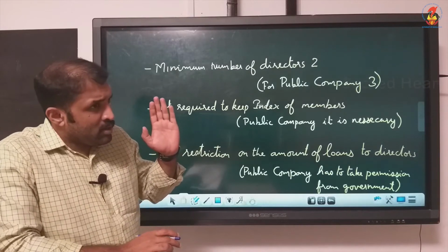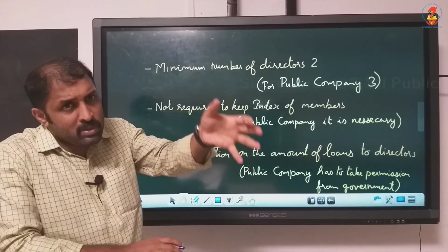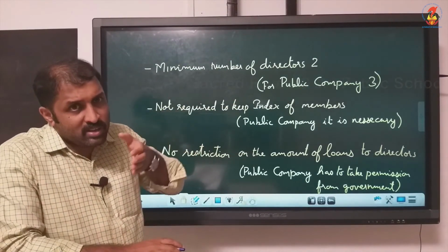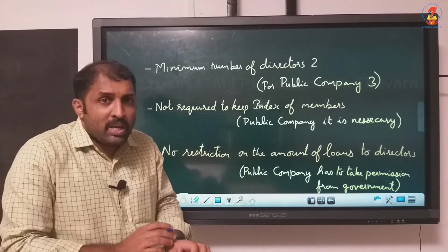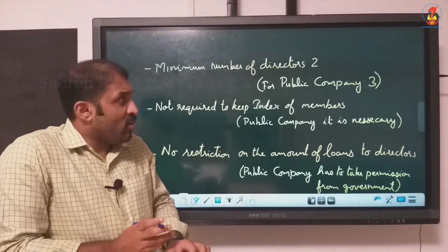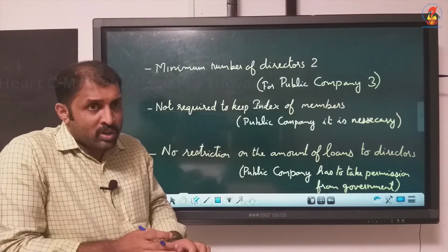Again, there is something called the index of members. That means how many members have purchased how many shares, their address details, etc. For a private company, they need not maintain this index of members, and it is not to be submitted anywhere.